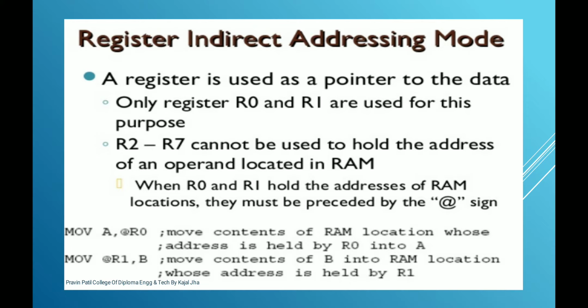When R0 and R1 hold the address of a RAM location, they must be preceded by the @ sign. So if you have to identify the addressing mode from a given instruction, and the instruction contains an @ sign, then it is register indirect addressing.